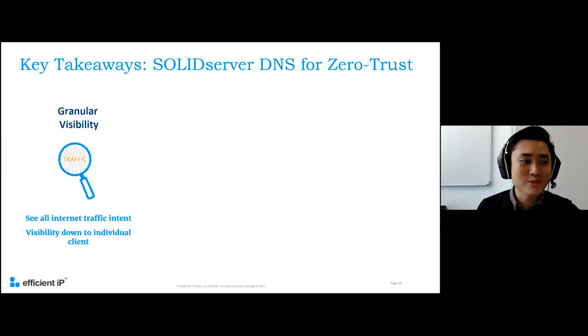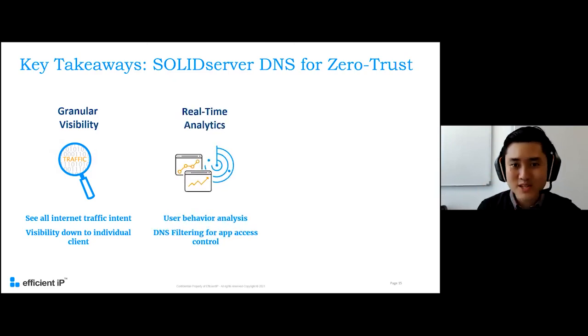Some key takeaways that you can remember after this session are the three things that we have discussed for the foundations of zero trust. Number one, it is important that you have granular visibility of events happening on your network down to the individual client level, which the EfficientIP DNS solution can provide.